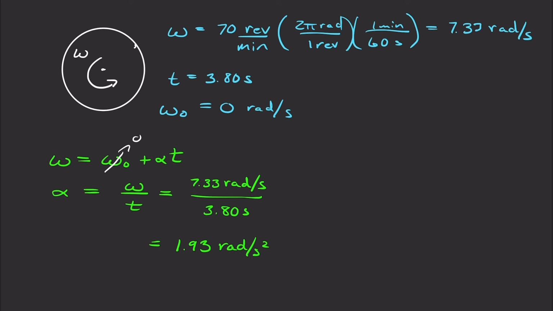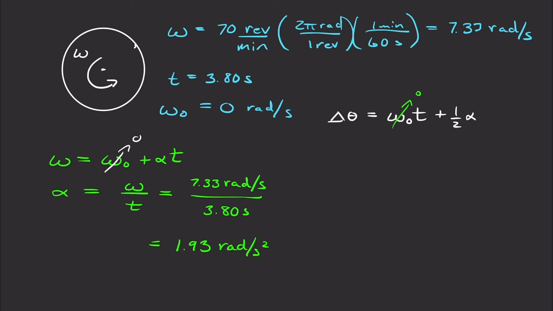Now for the next part, we want to find the number of degrees it turns through while speeding up and how many revolutions this is. So then we can go to this equation, delta theta. We're looking for an equation with delta theta, and we know time, so we might as well use the one that has time. It also gets simplified by the fact that we know omega naught is 0.